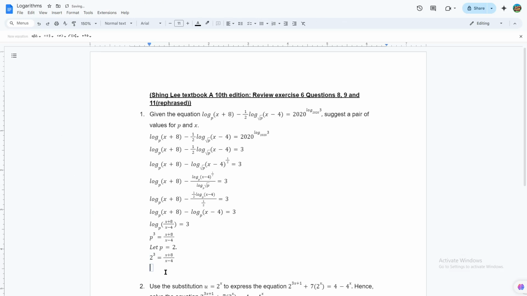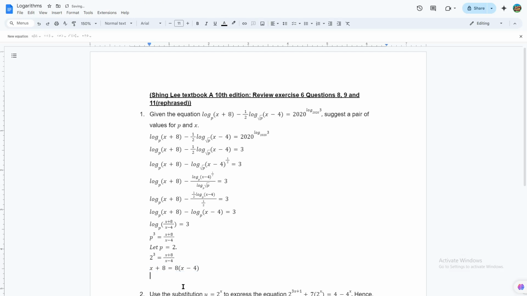So we've got x plus 8, we multiply by x minus 4 on both sides, so x plus 8 equals 2 to the power of 3 is 8, so 8 times (x minus 4). So we have an equation where there's only one variable which is x.